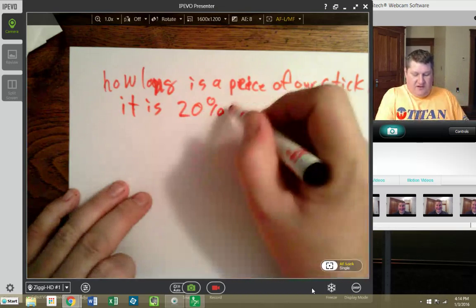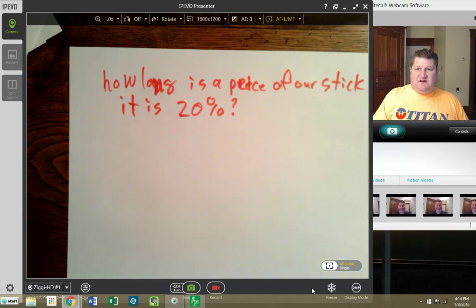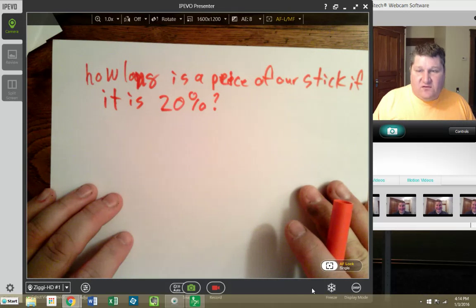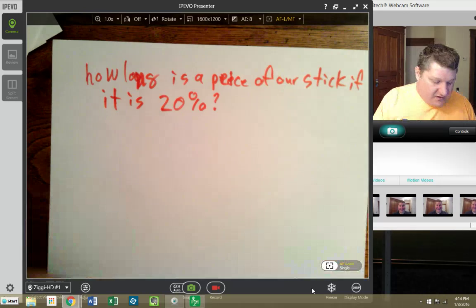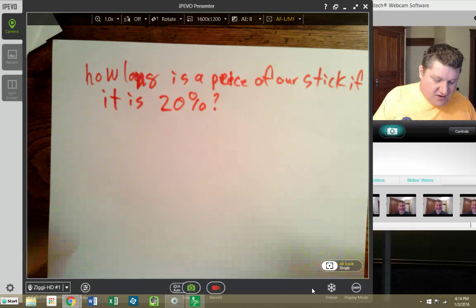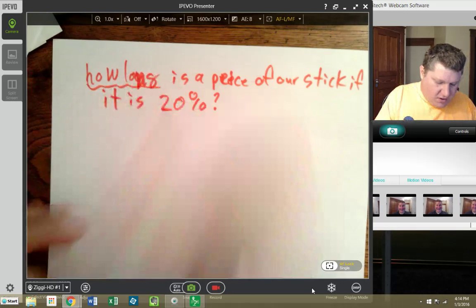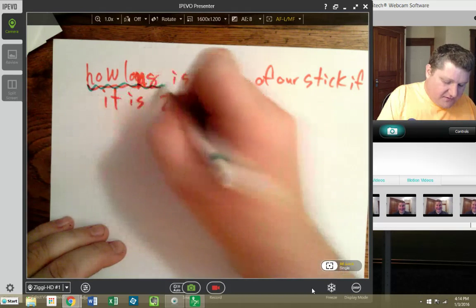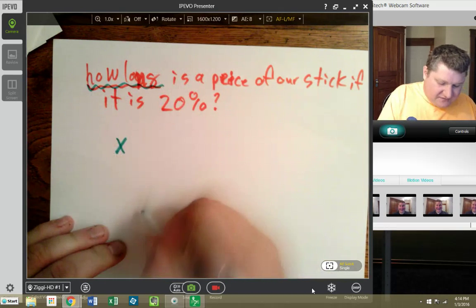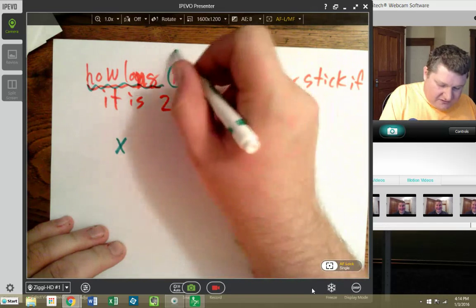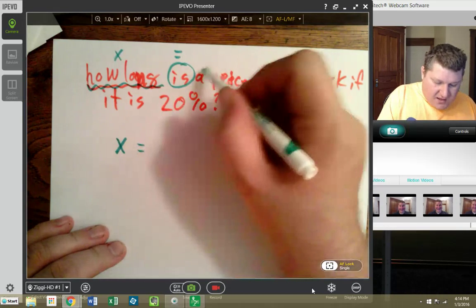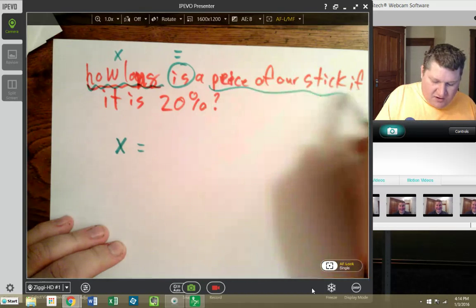Now you say, whoa, that's a lot of words and that's in a different order. How long is a piece of stick if it is 20%? Now, we can find a couple things out. First of all, how long? If we think how long, well, that's the same as what? So we'd say x is, of course, means equals a piece of our stick. Well, how long was our stick?